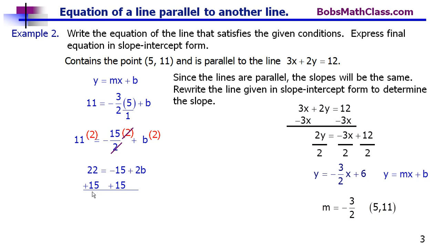And then add the 22 and 15, that's 37. Divide by 2. b equals 37/2. We have our b. We have m. So now we could write it in slope-intercept form. Y equals negative 3/2 x plus 37/2.